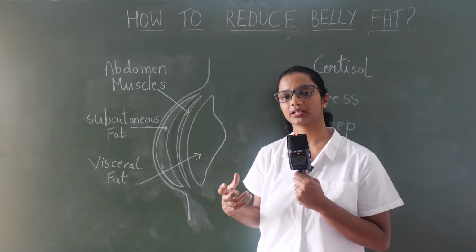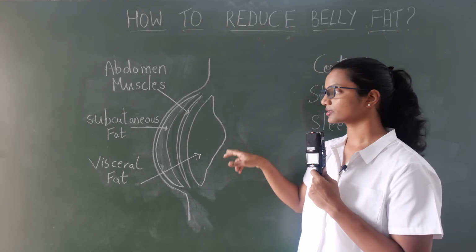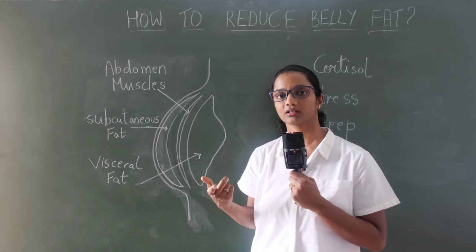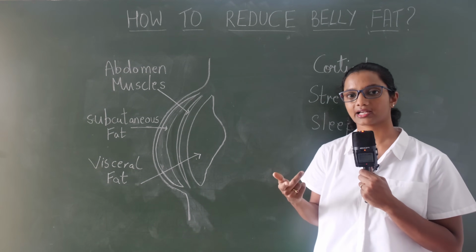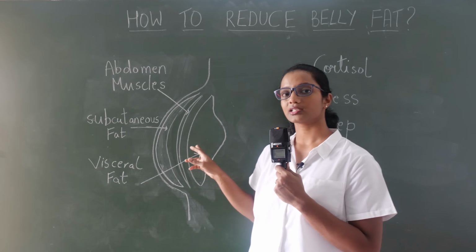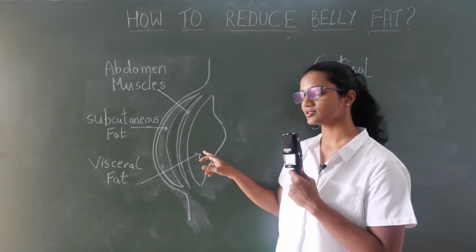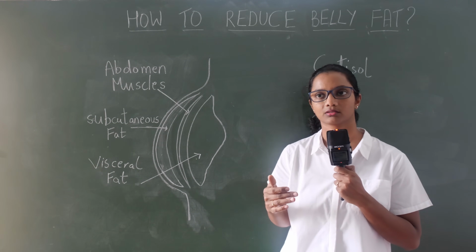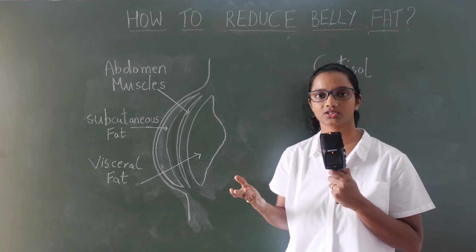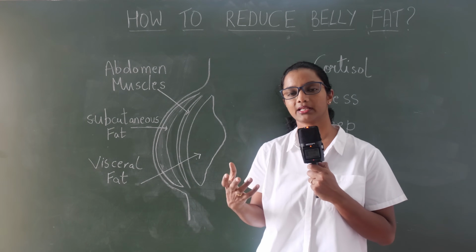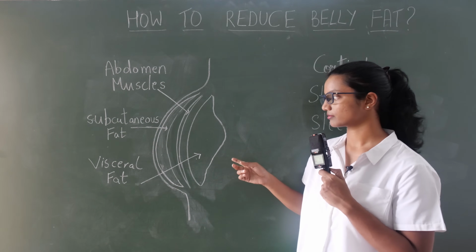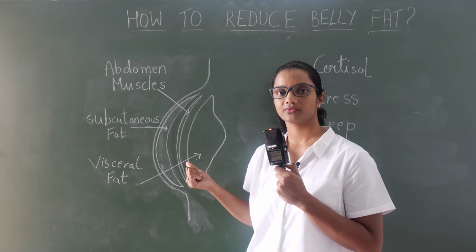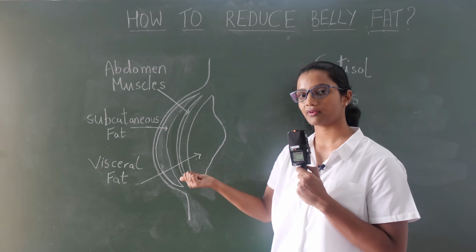Having no fat around the legs or thighs, but only accumulation in this region, is because of the presence of this visceral fat. Even if a person is thin or fat or whatever structure, if they have a belly, accumulation of fat in this region, that's because of visceral fat.